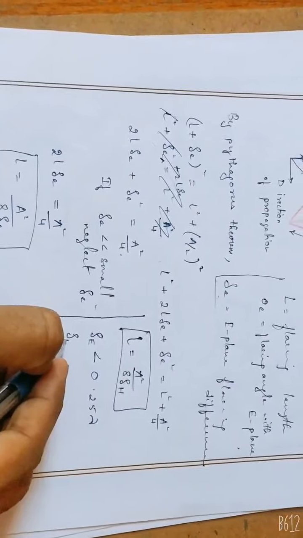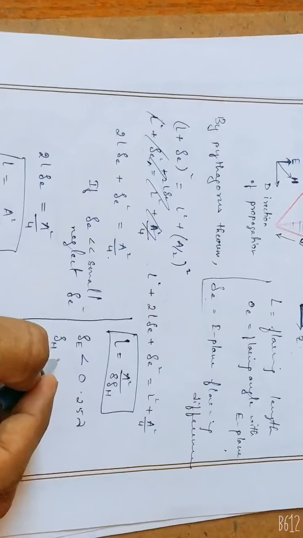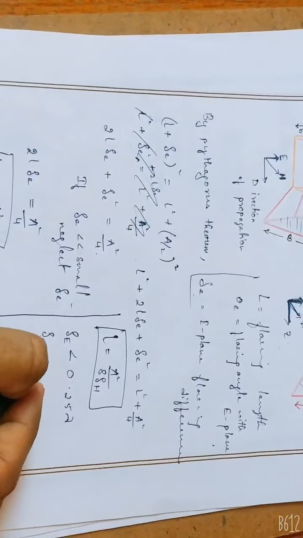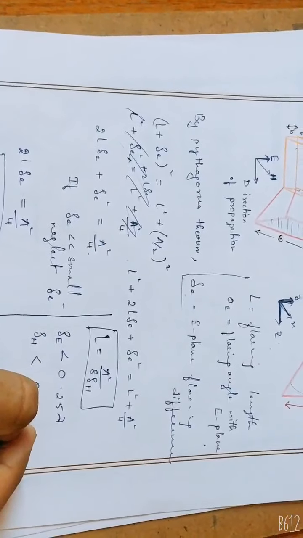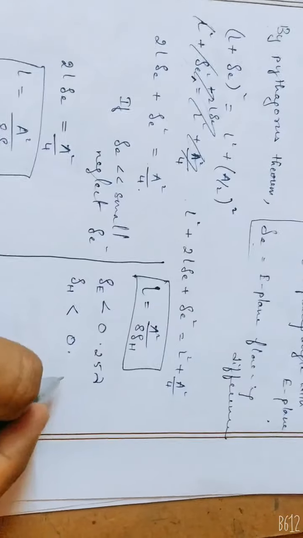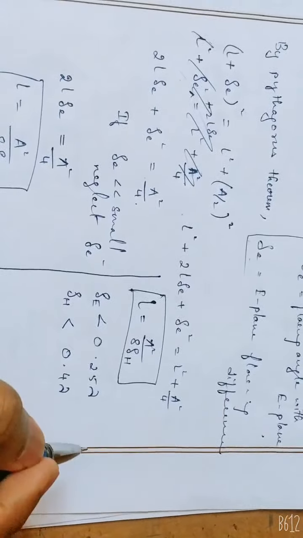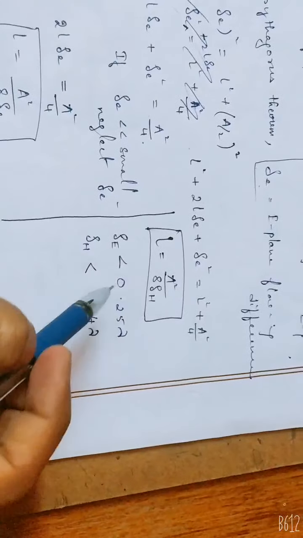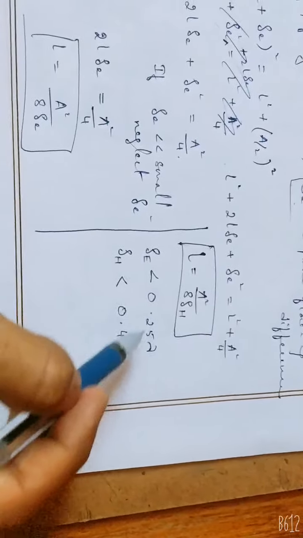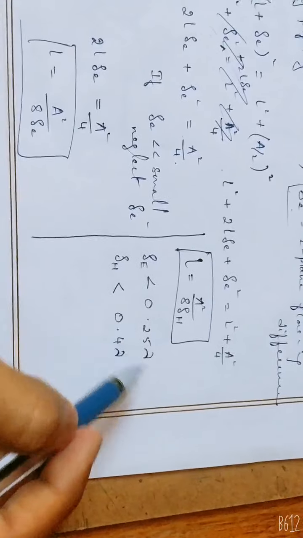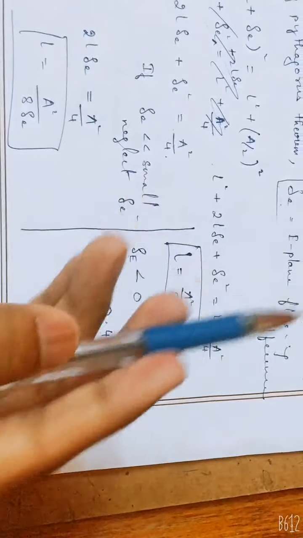Then delta H should be less than 0.4 lambda. So we need to mainly focus on these two limitations when we design this horn antenna.